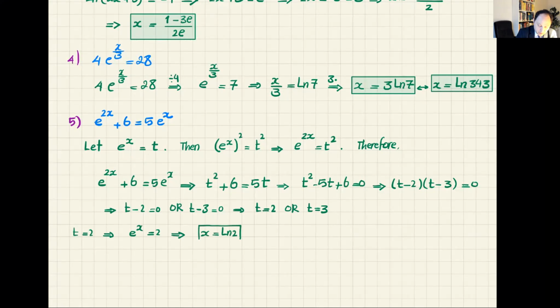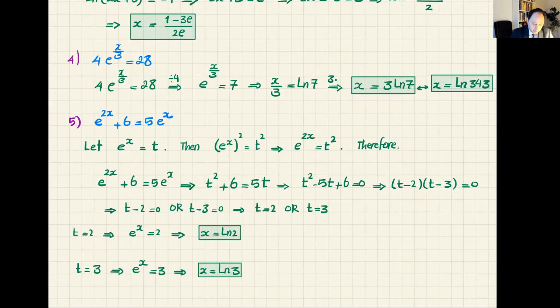So this is one answer. Another scenario is that t is equal to 3. Then e to power x is equal to 3, so x is equal to ln of 3. That is the second answer. That is also something I want you to know.